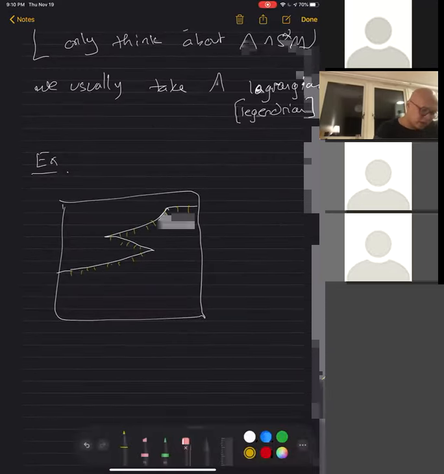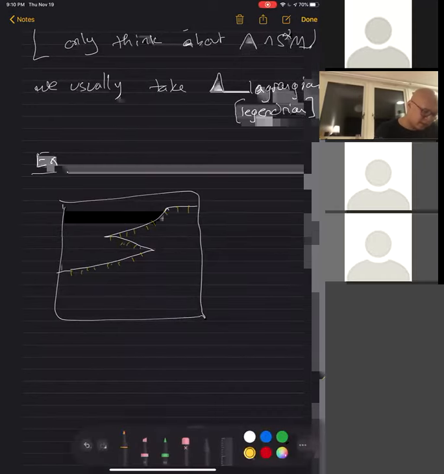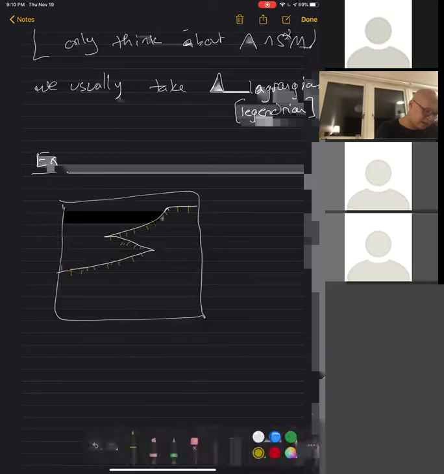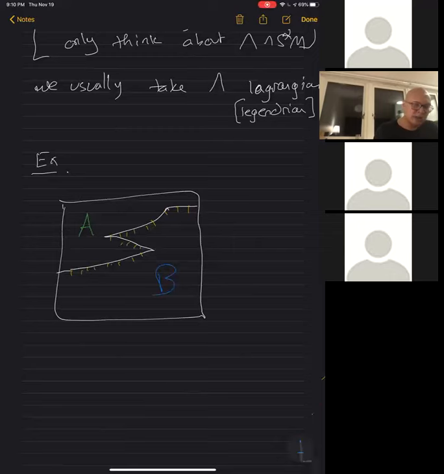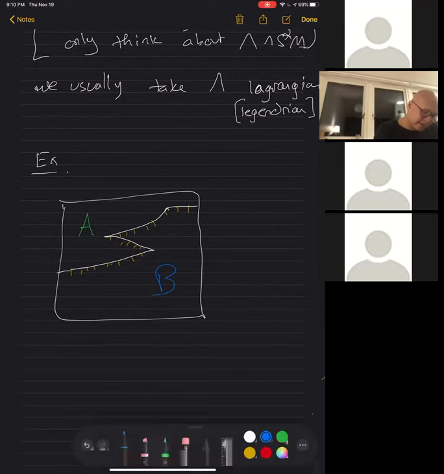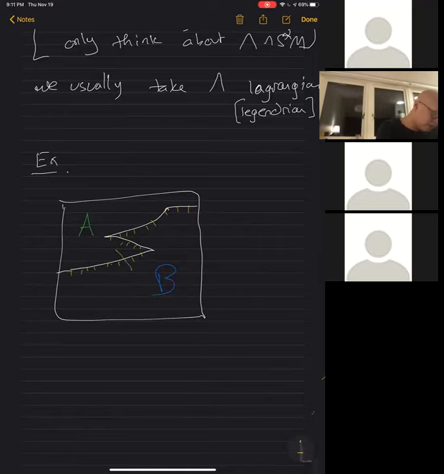Well, if you start thinking about it, if the sheaf has this kind of microsupport, then it will have some stalk A everywhere in that region, and some stalk B everywhere in this region. And because it has the microsupport it has, it's not difficult to convince yourself that there have to be morphisms like this.